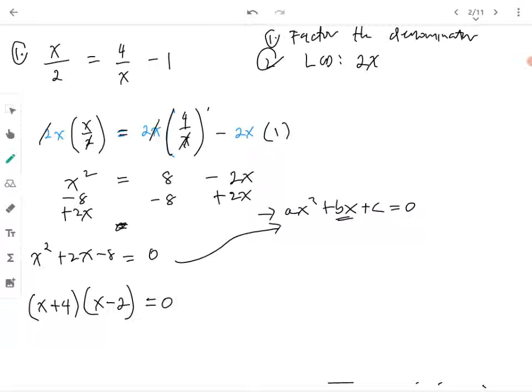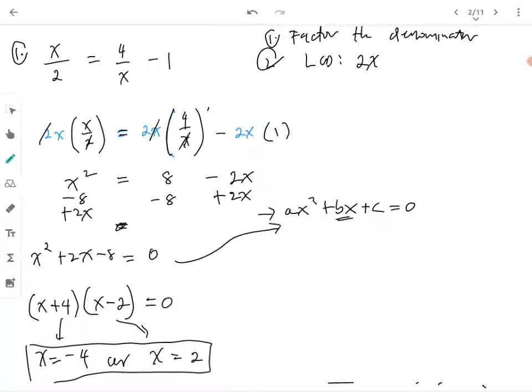Solving, we have x equals negative 4 or x equals positive 2. Therefore, this is our solution set for this equation.